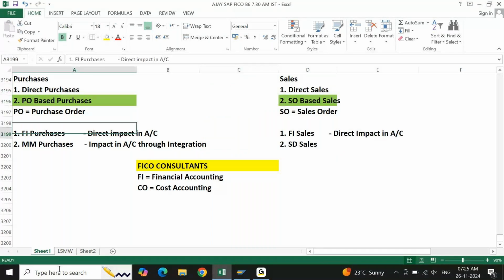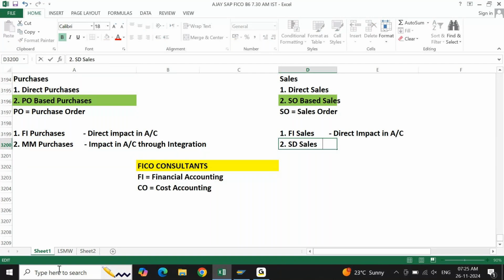How is this getting impacted in your accounting? Directly or through integration? Through integration. Right? And SD also same? Impact in accounting through integration.